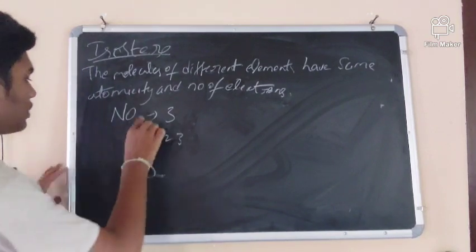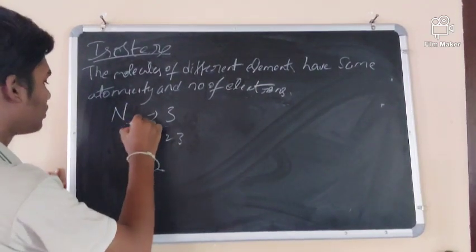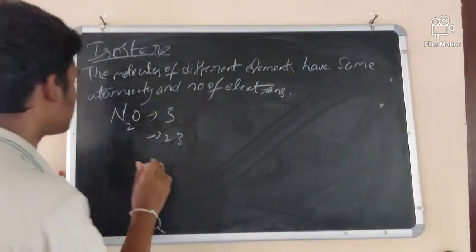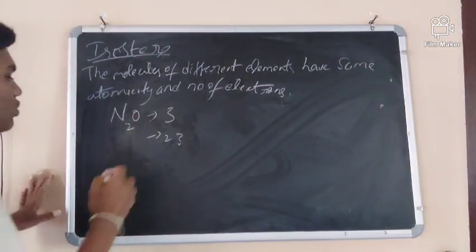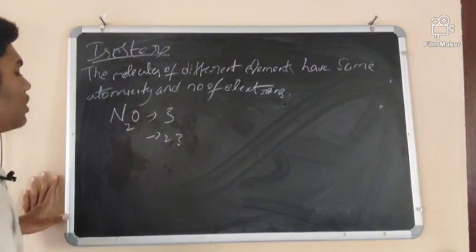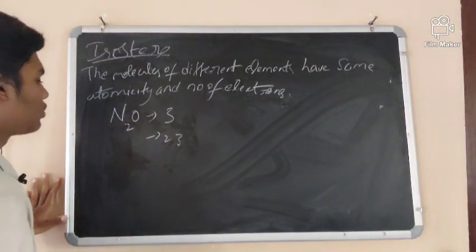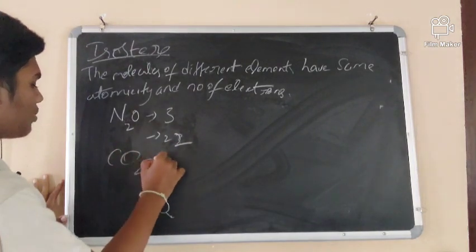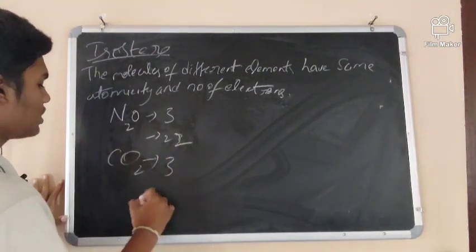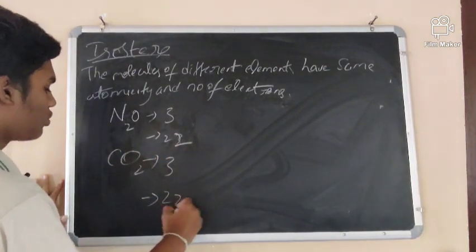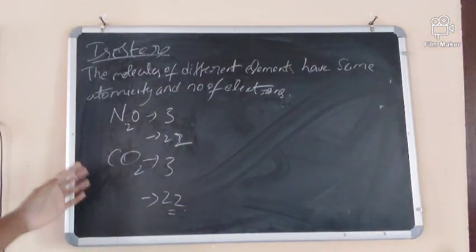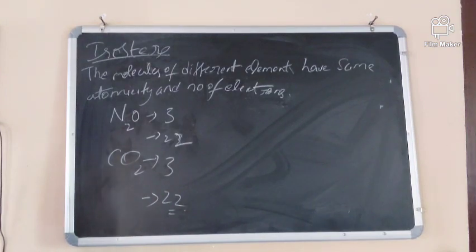When we take N2O molecule, atomicity will not change, but the electrons will change. Nitrogen having 7 into 2, 14, 14 plus 8, 22. When we take CO2 molecule, the atomicity is not changed, 3, and electrons also 22. Carbon 6 and 16, 6 plus 16, 22. Okay, this is about isosters.